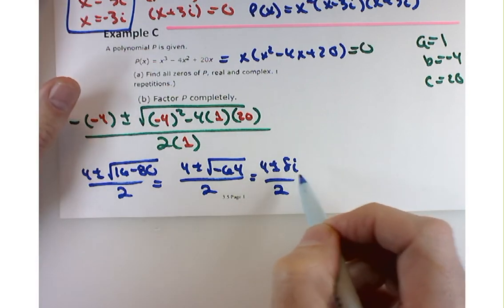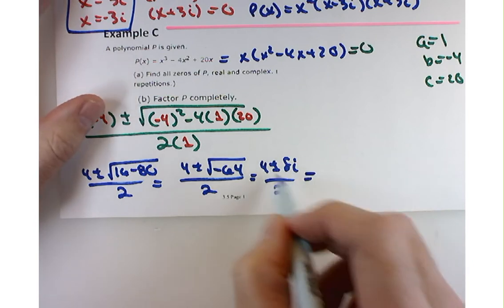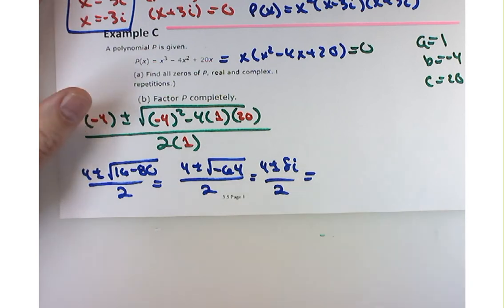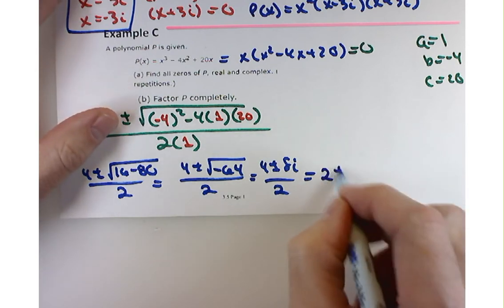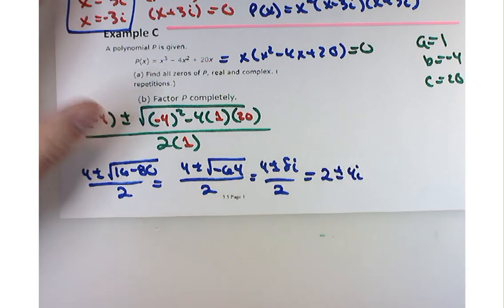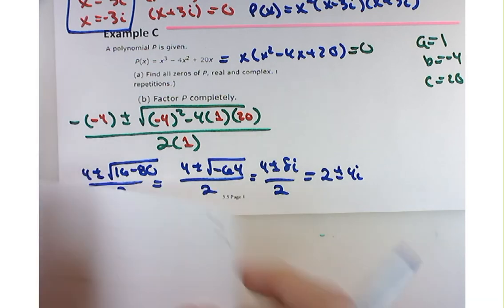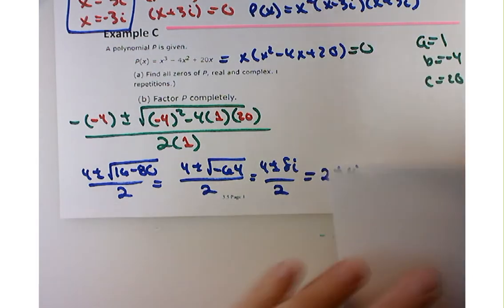Now, you can and should factor out the 2. That's going to leave behind, when you cancel out the 2, 2 plus or minus 4i. I'm kind of glossing past a step here. If you're curious about that step I'm skipping, let me show that to you here.